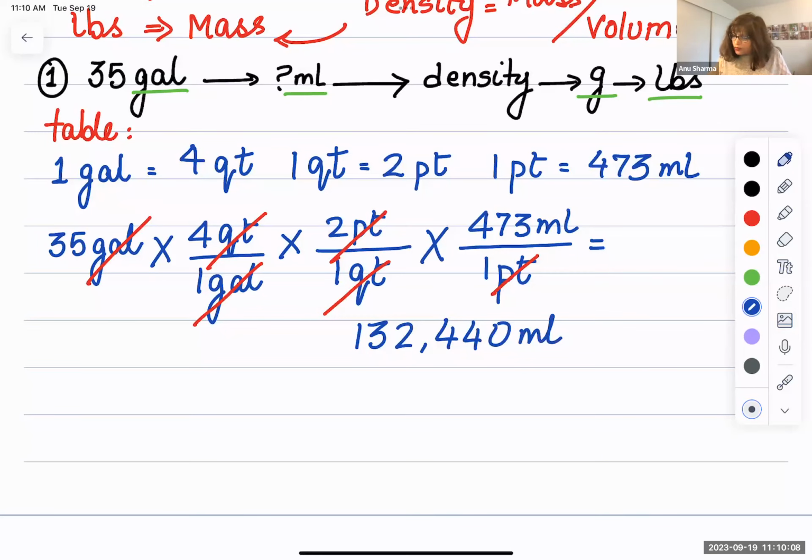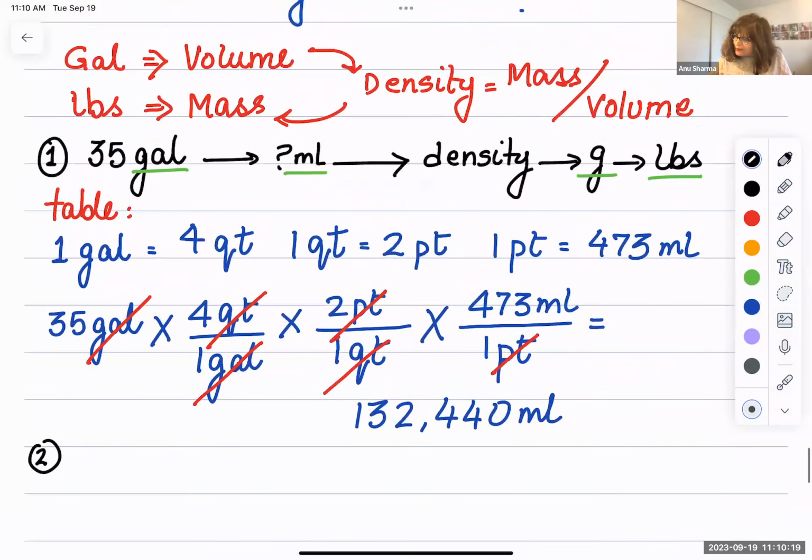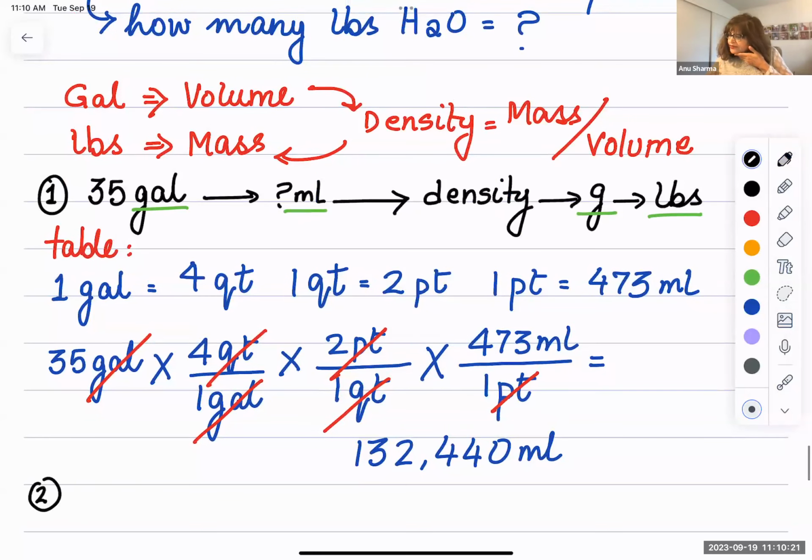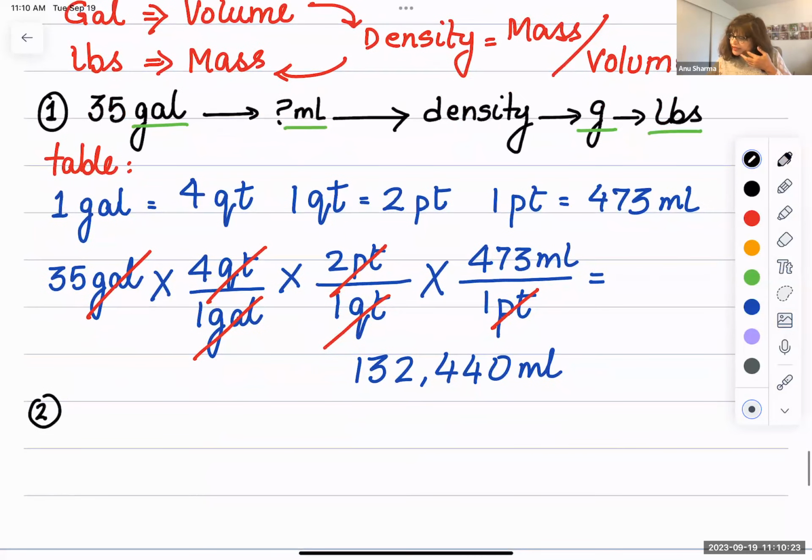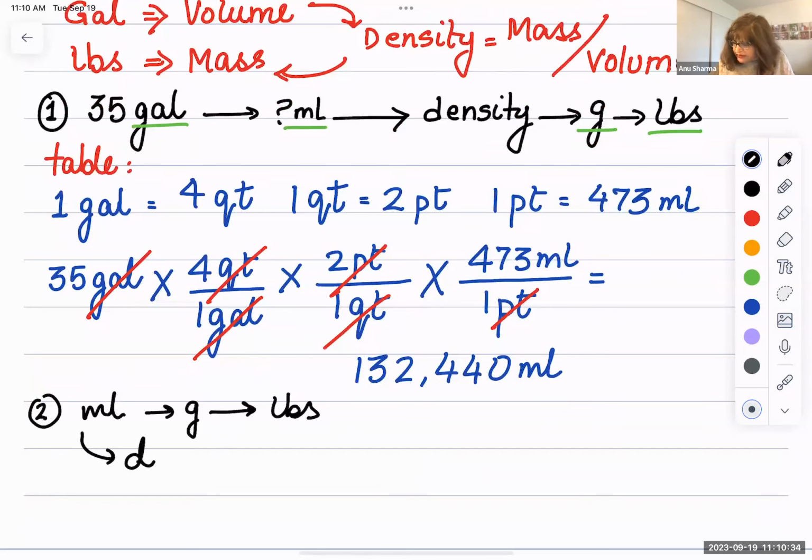So you've converted the 35 gallons to this number of milliliters. Next step, we are going to convert the milliliters to grams, and then grams need to be converted to pounds. Milliliters to grams is going to go via density.